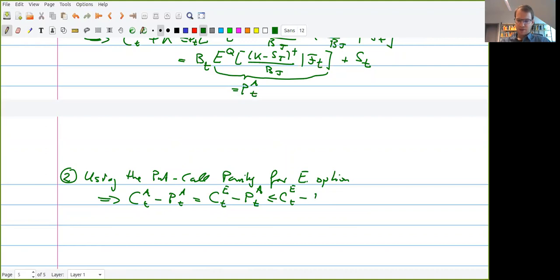So I subtract less if I replace the price of the American put option by the price of the European put option. And now I apply my put-call parity with the European options, which gives me the claimed right-hand side for T in T. Right, and this finishes my proof here.